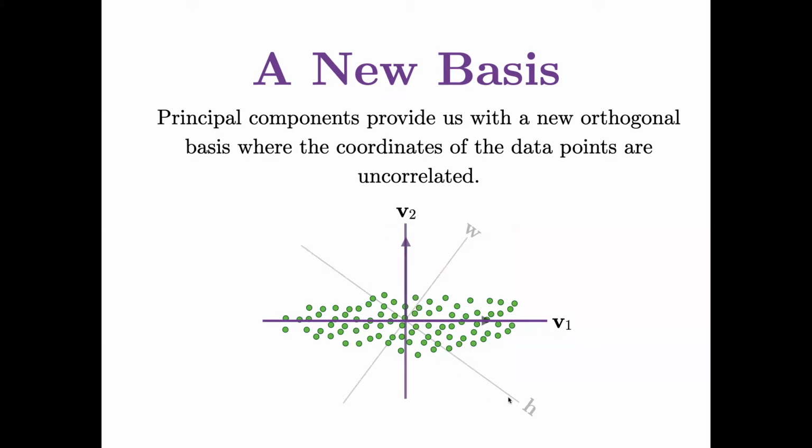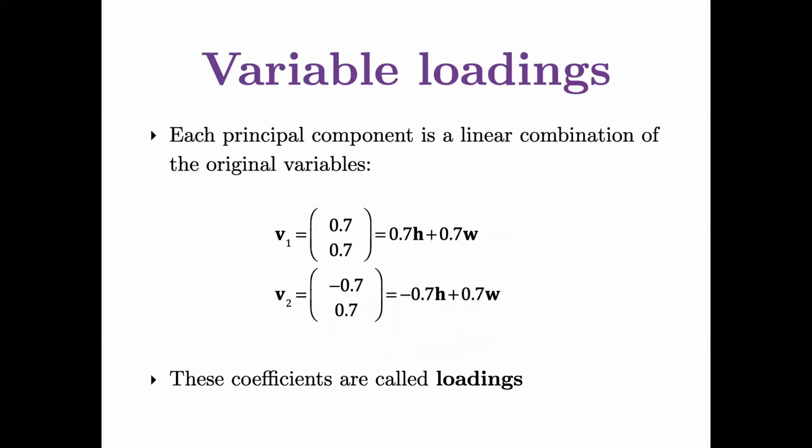But you can see here, just for reference, I still have the height and the weight kind of transparent on this chart. Each principal component is a linear combination of our original variables because it's just a vector that points in a direction.